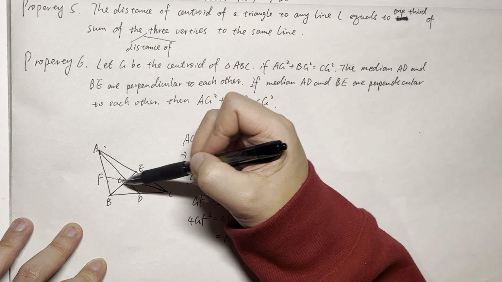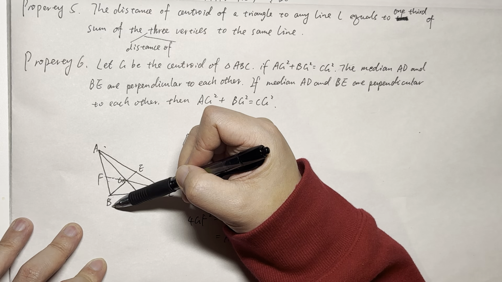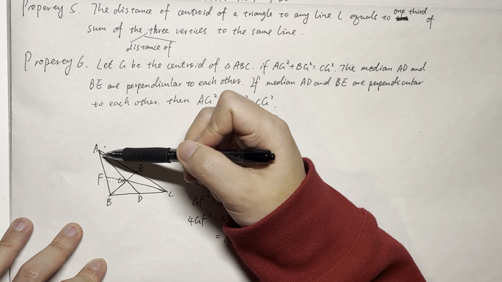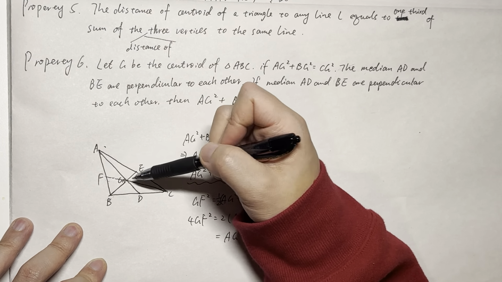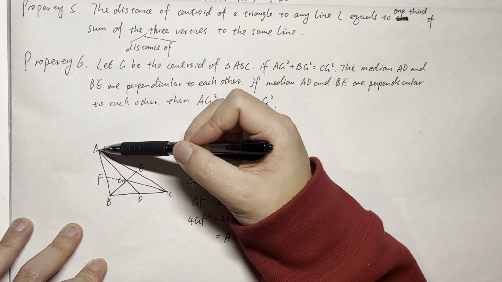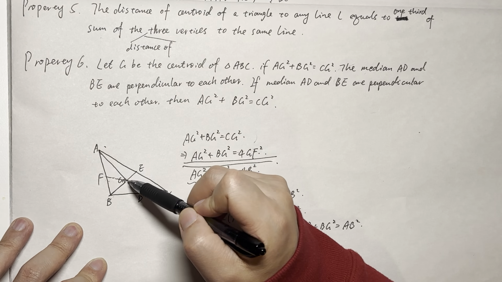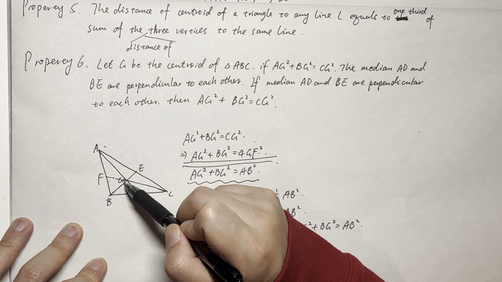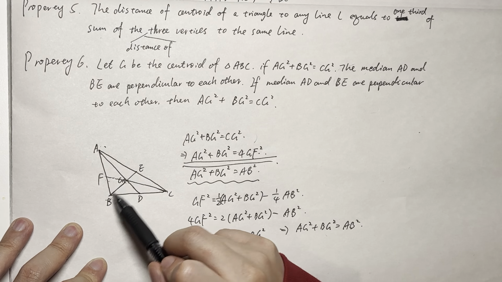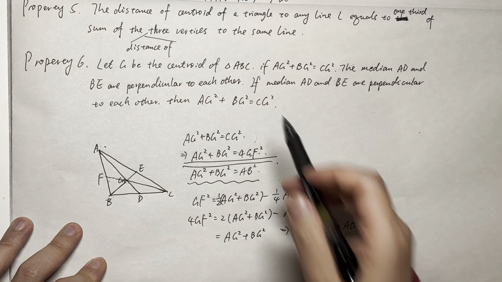So FG is half of AB, which means GC equals AB. If this is 90 degrees, then AG squared plus BG squared equals AB squared, so AG squared plus BG squared equals GC squared. That's the second case.